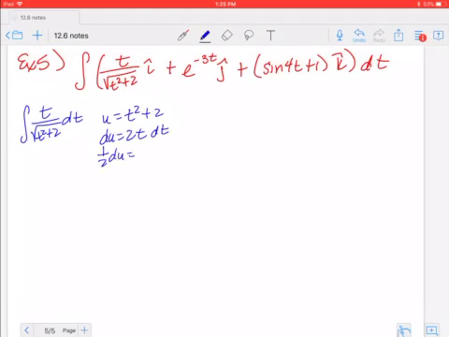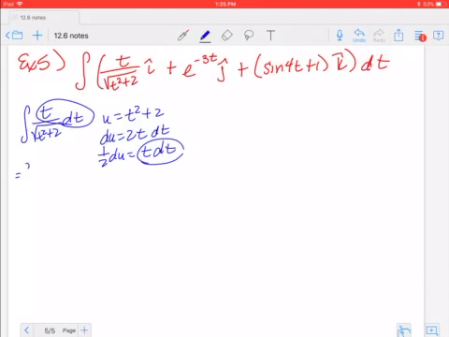So this 1/2 du is now going to be the t dt. So this is now my integral of 1/2, I'm going to put that in front, of u to the negative 1/2 du.